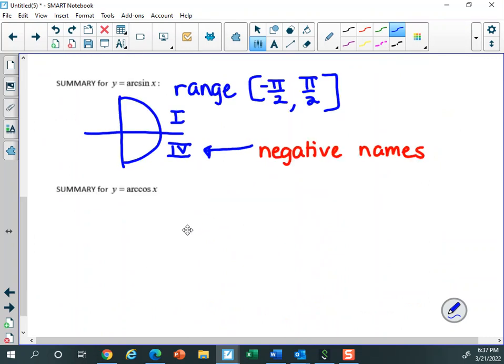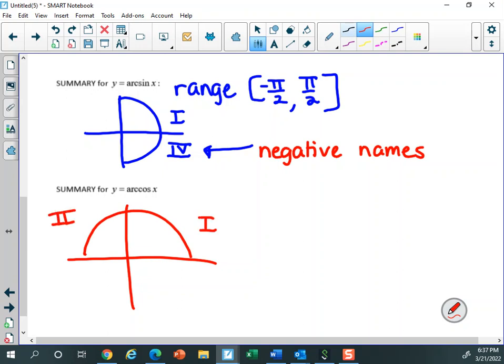That means, if we're going to go summary, arc cosine: quadrants 1 and 2. Range is 0 to pi. Quadrant 1 is where we go when we're talking about places where cosines are positive. Quadrant 2 is where we go when cosines are negative.